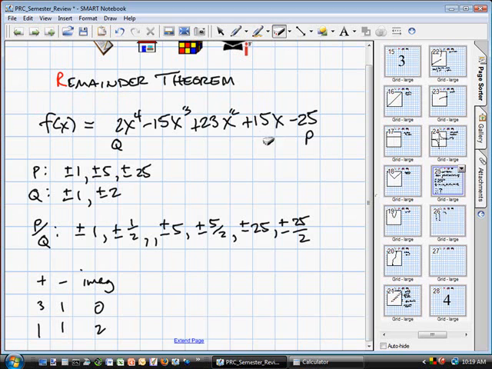Okay. So now, what happens when you plug in a 1? Well, we've got x to the fourth, that's 1, times 2, minus 15 times 1, plus 23 times 1, plus 15, minus 25. And I think it works.